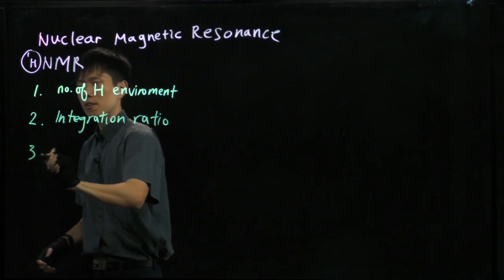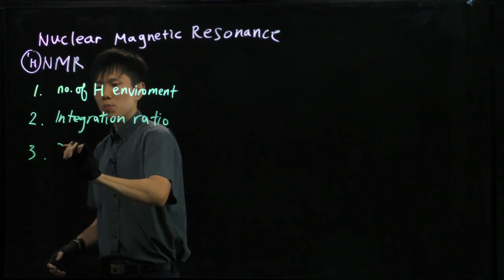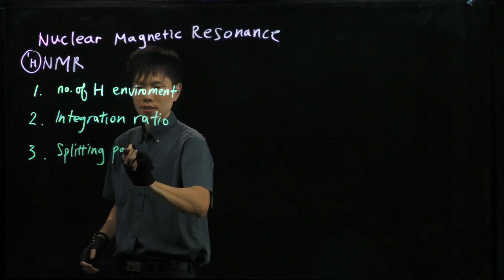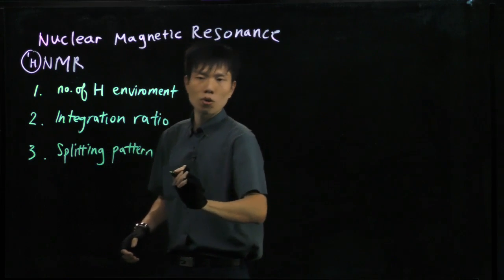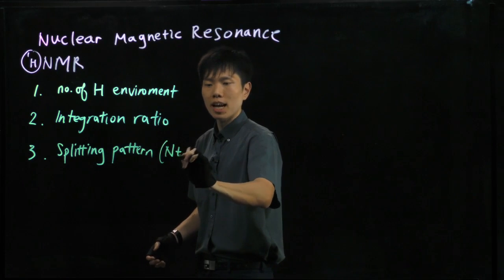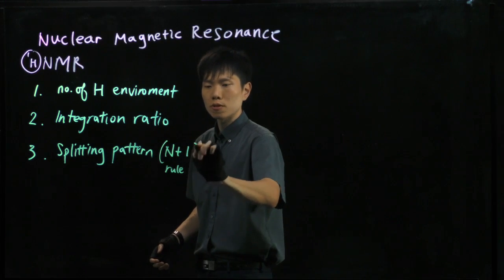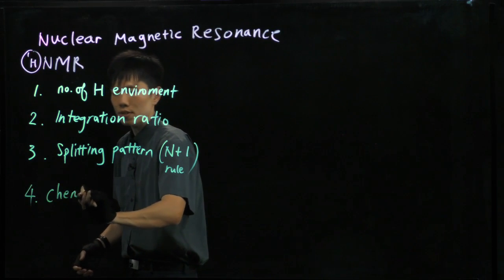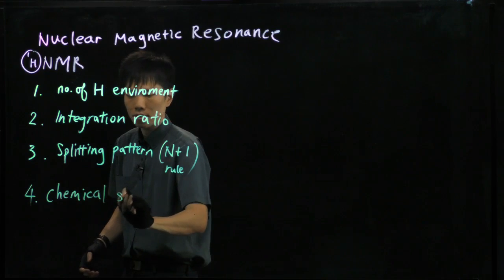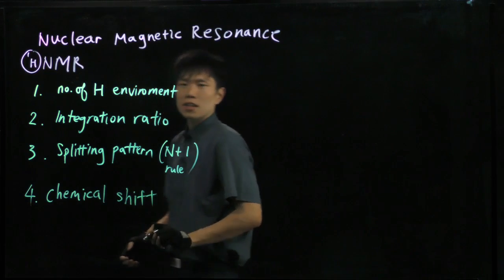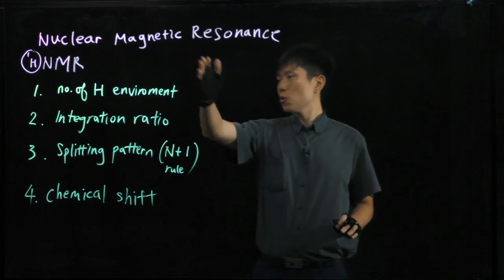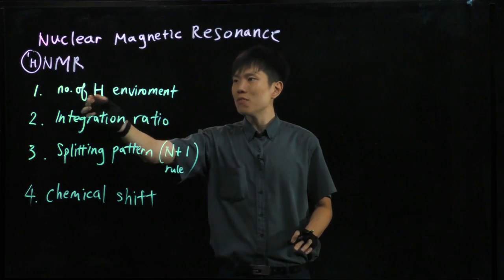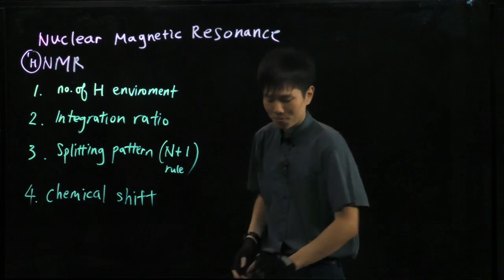Number three, the splitting pattern, or what some people call the N+1 rule. And lastly, chemical shift. I'll be going through with all of you one by one slowly, and we'll start off with number one first, the number of hydrogen environments in a molecule.